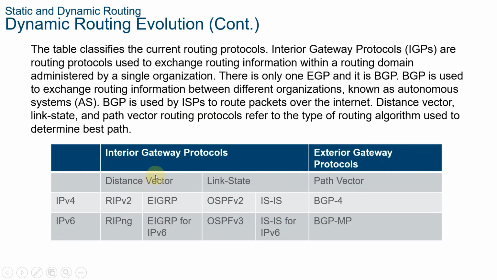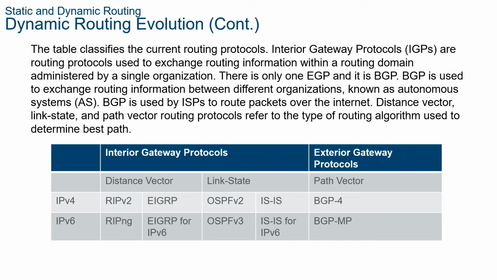Next, the table classifies the current routing protocols. Interior gateway protocols, or IGPs, are routing protocols used to exchange routing information within a routing domain administered by a single organization. There's only one EGP, and that is BGP. BGP is used to exchange routing information between different organizations, known as autonomous systems, or AS.